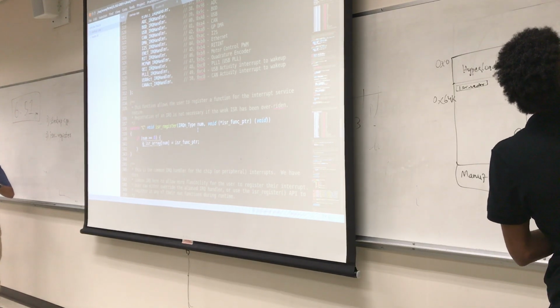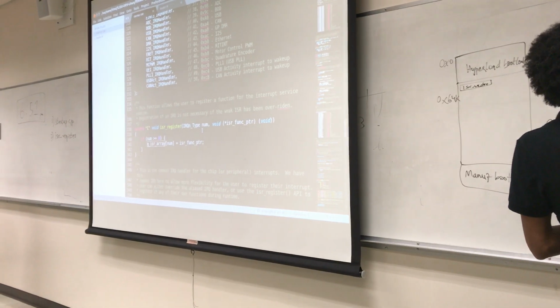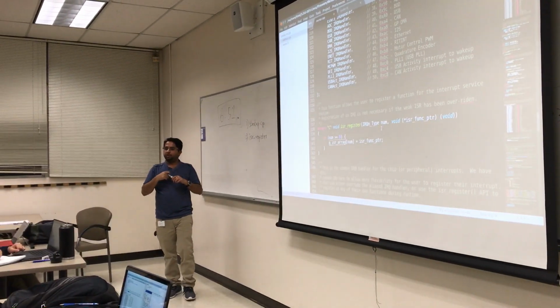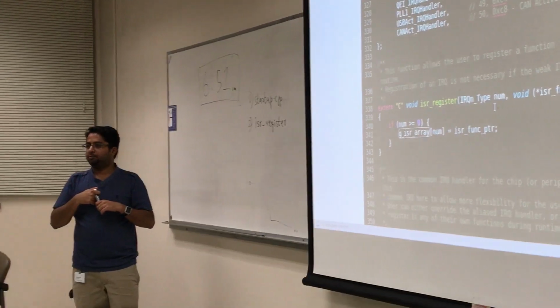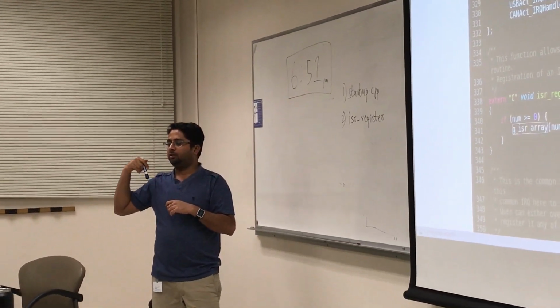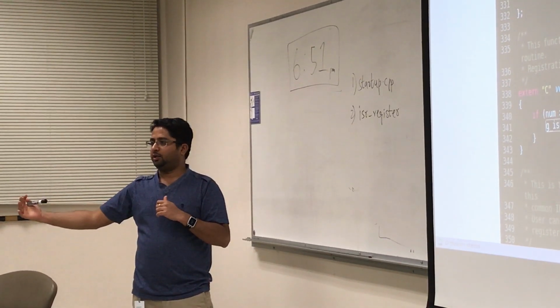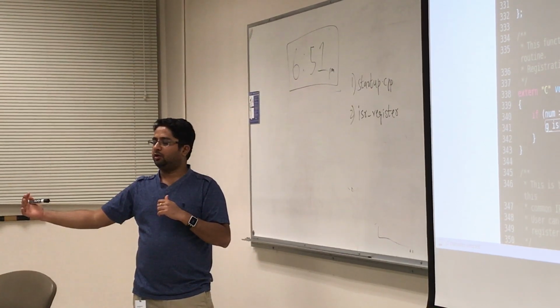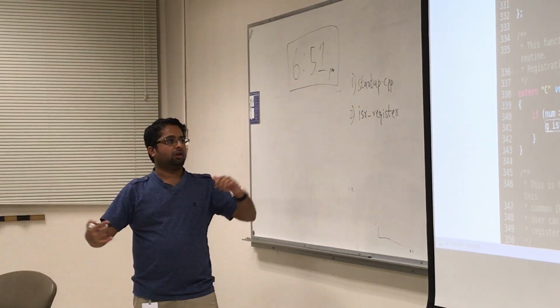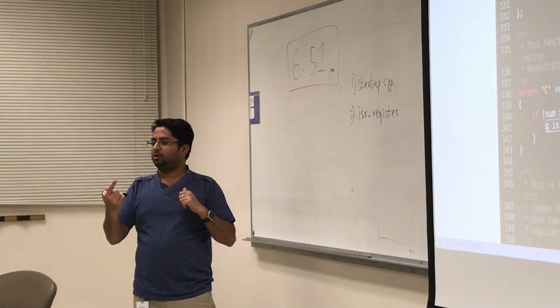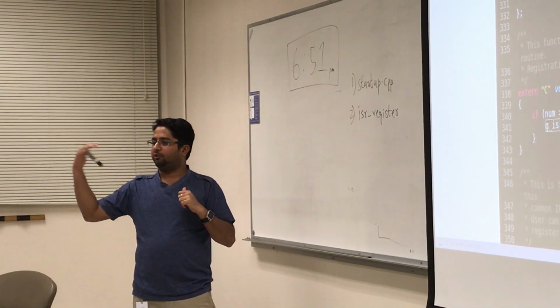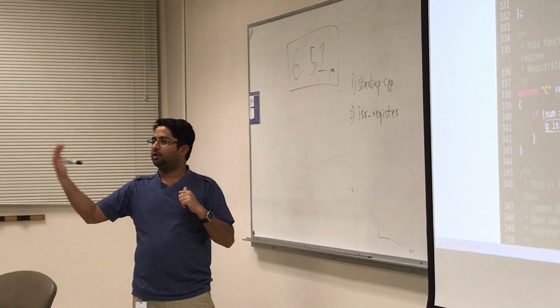Now, this is a function which actually looks at a predefined array where you say what kind of interrupt needs to be addressed with what ISR routine. So if you want to write your own interrupt, you can call this function and then register your interrupt with an ISR call or a function call.